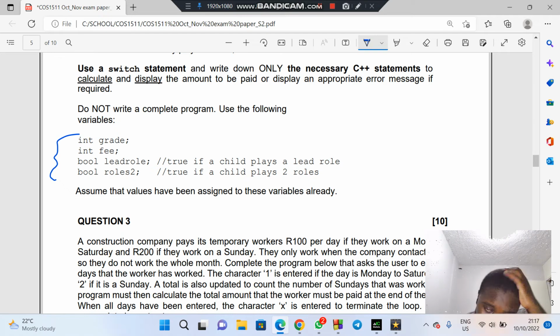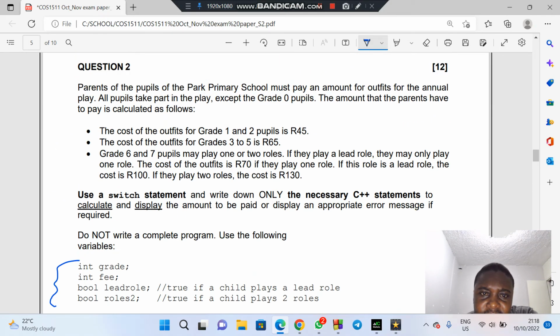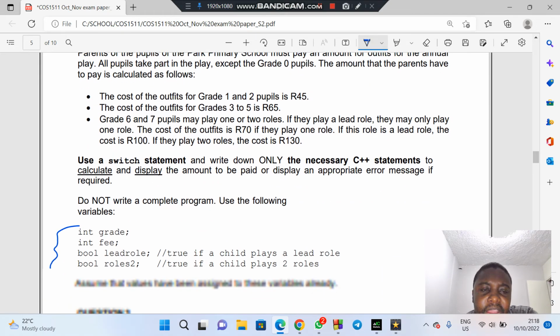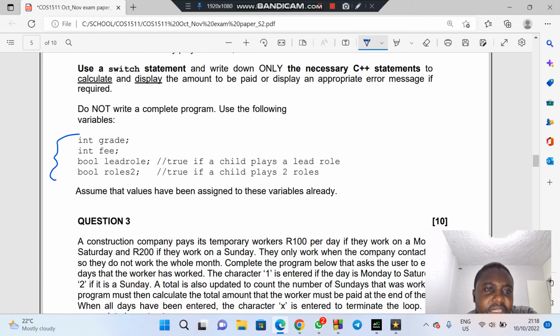Okay, so now when we go to our switch statement, only one is valid. If a person enters 0, because it's a primary school that ends at grade 7, which means we are going to switch on the grade.